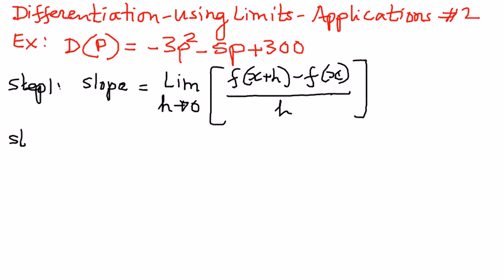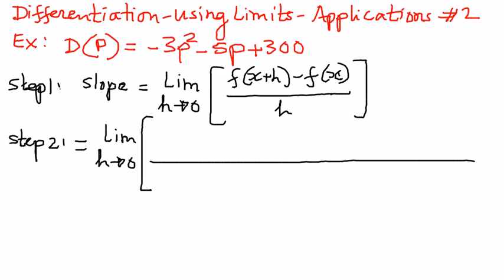As a second step, we're going to substitute the given function into this formula. We can write this as the limit as h approaches 0. The numerator part is negative 3 times p plus h, the whole thing raised to the power of 2, minus 5 times p plus h plus 300.